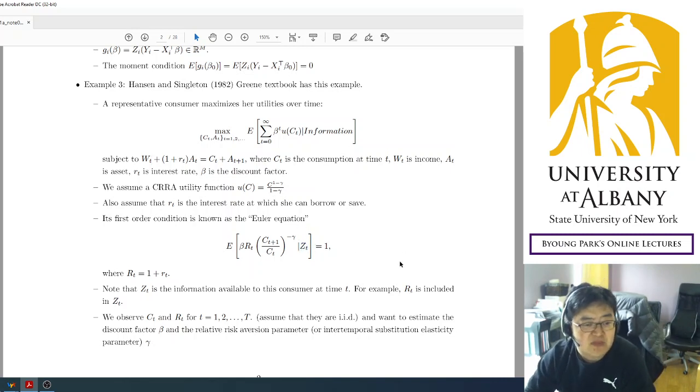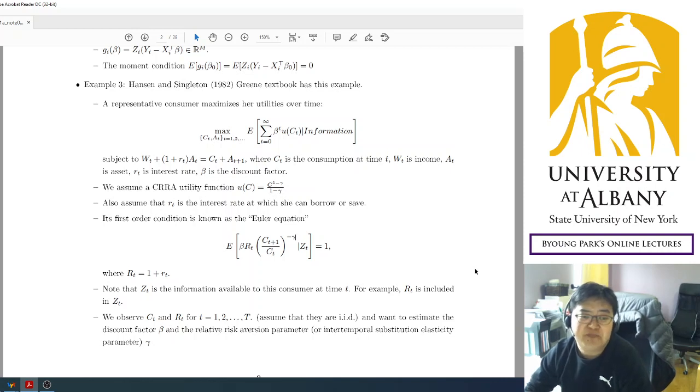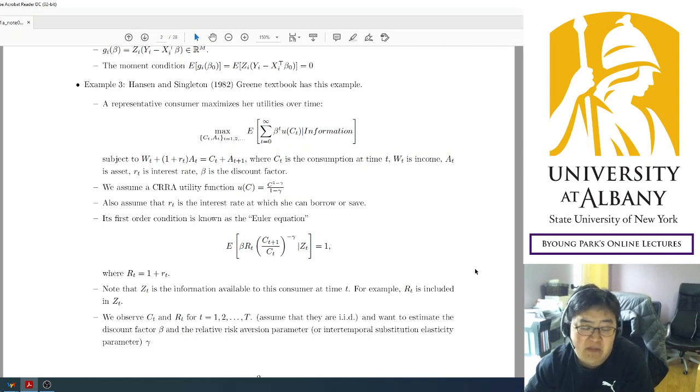And what we observe here is C_t and R_t. C_t is the GDP, and R_t is the interest rate, like the treasury bill rate, the annual rate. Based on these observations, we would like to estimate beta and gamma, the discount factor beta, and the risk aversion parameter, or the intertemporal substitution elasticity parameter gamma, right?